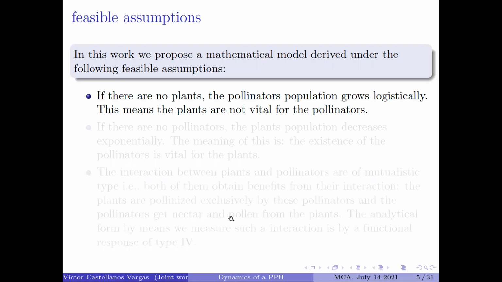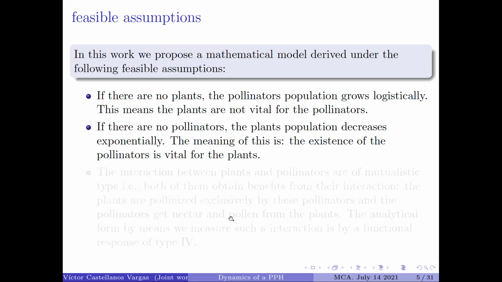One, if there are no plants, the pollinator population grows logistically. This means the plants are not vital for the pollinators because the pollinator can go to other plants. If there are no pollinators, the plant population decreases exponentially. The meaning of this is that the existence of the pollinator is vital for the plants.